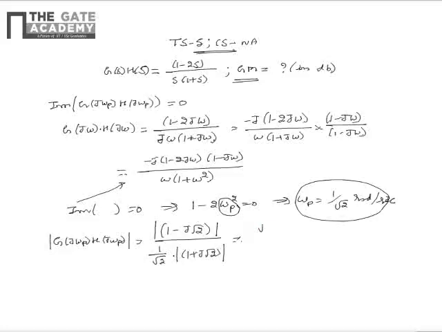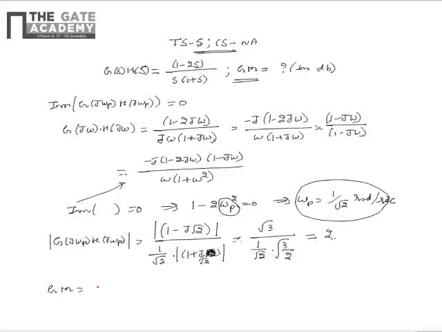Now upon simplifying this, we see that the numerator is equal to root 3. Sorry, this should be j by root 2. Numerator is equal to root 3 and denominator is equal to 1 by root 2 multiplied by root of 3 by 2. So upon simplifying this, we see that this is equal to 2.